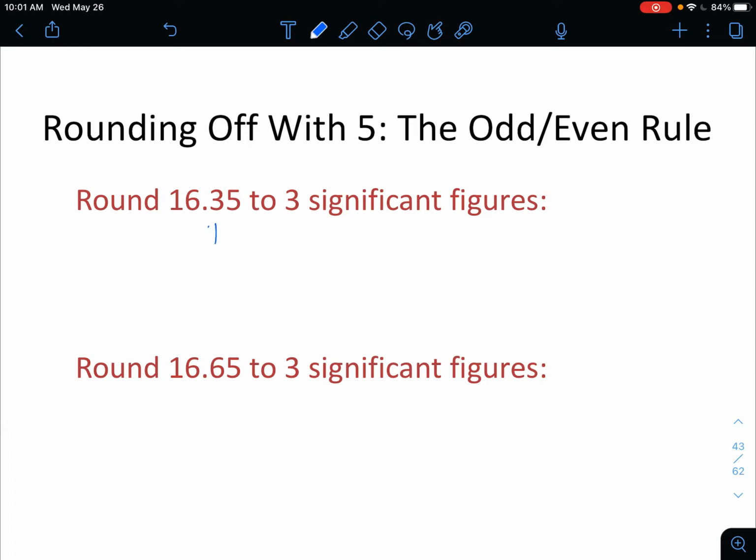Round 16.35 to 3 significant figures. 3 is my cutoff number and it's odd, so this would round to 16.4. And then the second example, round 16.65 to 3 significant figures. 6 is even, so I don't do anything, so it would round to 16.6.